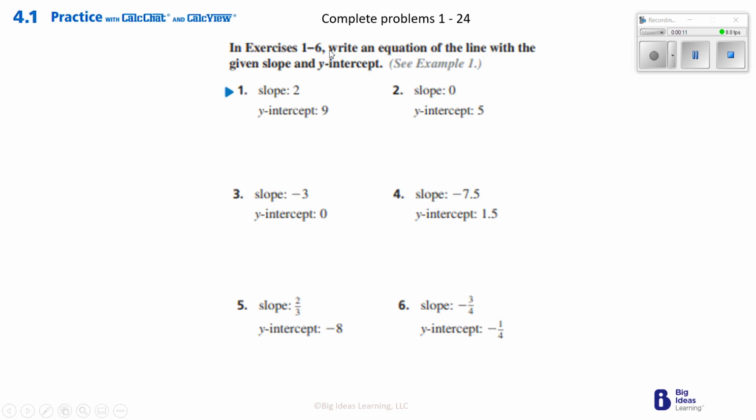It says in exercise 1-6, write an equation of a line with the given slope. Since the slope is 2, remember we write everything as y equals mx plus b.